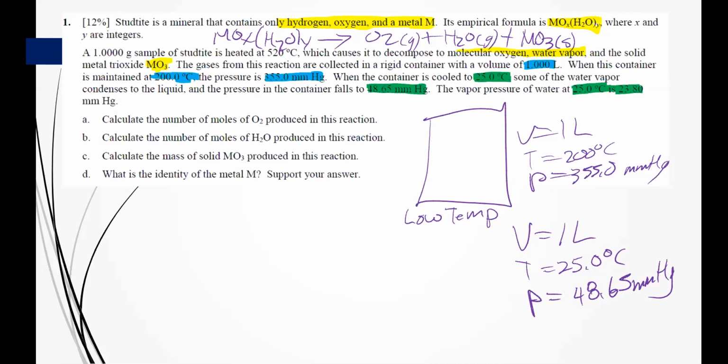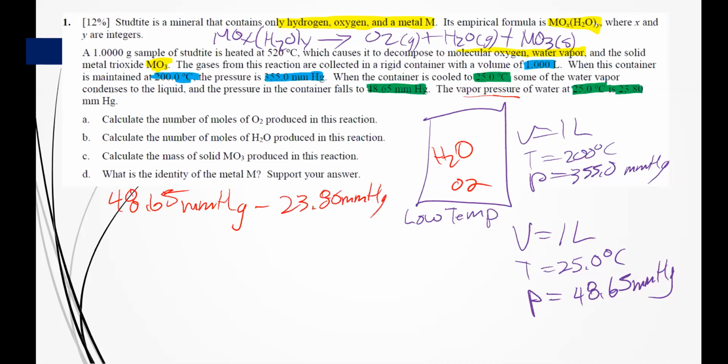We have water and O2. Very good. So we got H2O and O2. Now we know how much water we have because they give it to us in this form of vapor pressure. So out of that 48.65 millimeters of mercury, 23.80 of that is water.